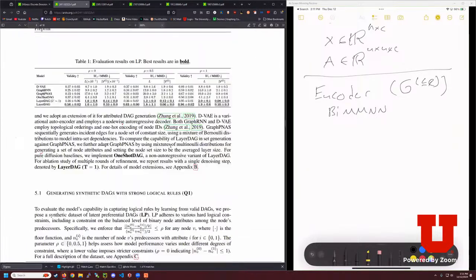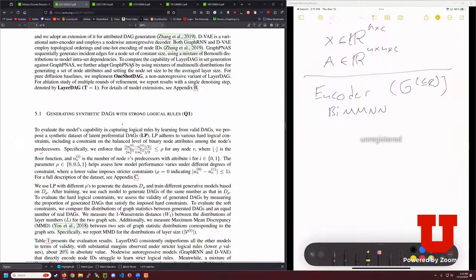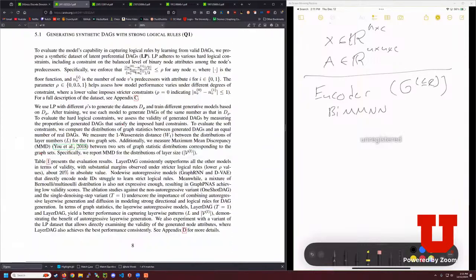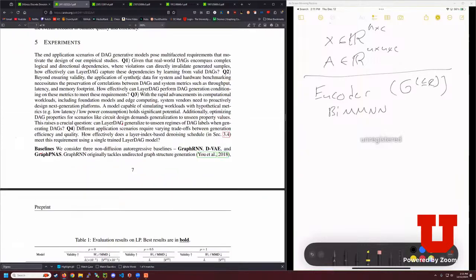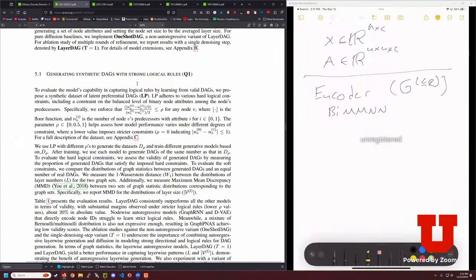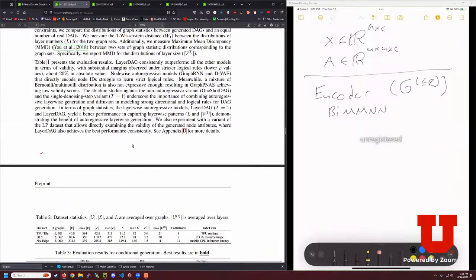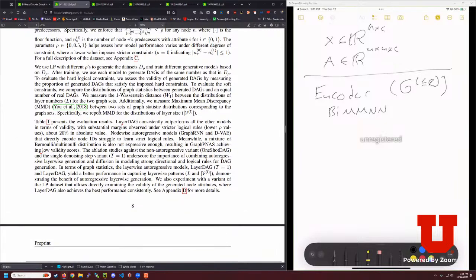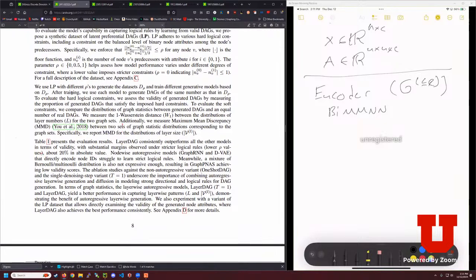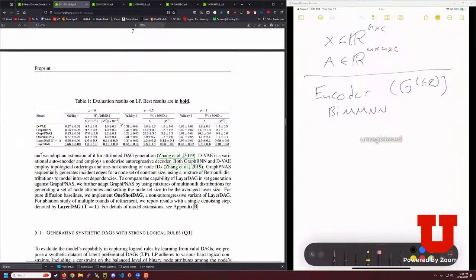So if we go to the results, this is just Table 1. Sorry, I'm trying to figure out which data set this is. Basically logical constraints are placed on these graphs, and it's trying to continually generate new graphs based on these constraints. There are 3 versions listed.